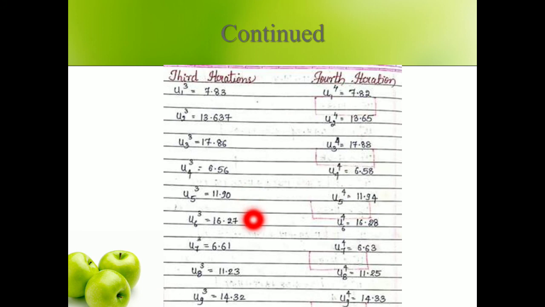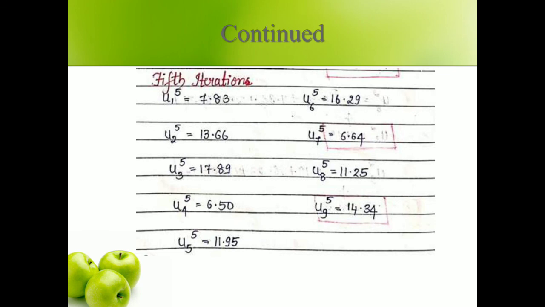Now you can compare the values. Your u1 value for the first iteration, third iteration and fourth iteration, there is not much difference. You can stop the iteration here itself, or else you can continue for the fifth iteration, then stop.